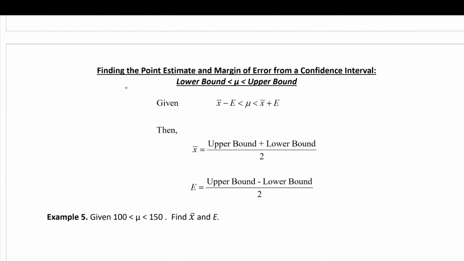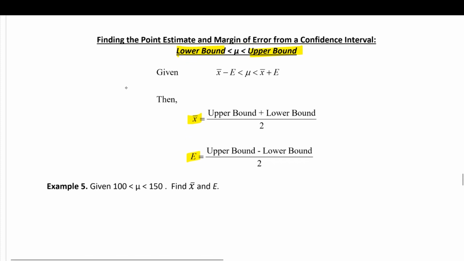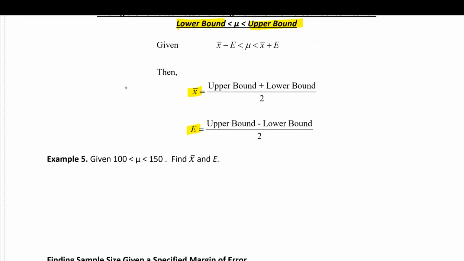Okay, this next part of this section is very similar to what we did in the previous section for proportions. If you're already given a lower bound and an upper bound, then we should be able to back into calculating the mean and the margin of error in the exact same fashion that we did it last time. Okay, so again, let's do that for this example.